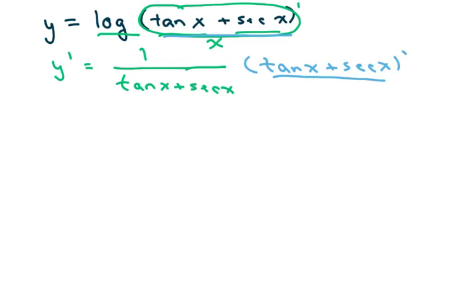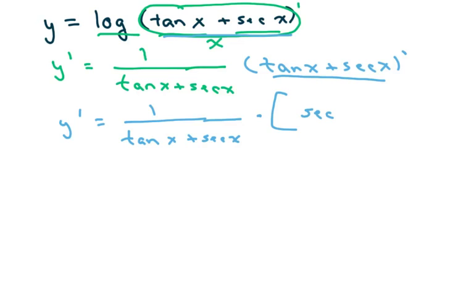The derivative of that is going to be 1 over tan x plus secant x times the derivative of, so derivative of tangent is secant squared, and derivative of secant is secant times tangent. And then all you're going to have to do is factor out the secant.